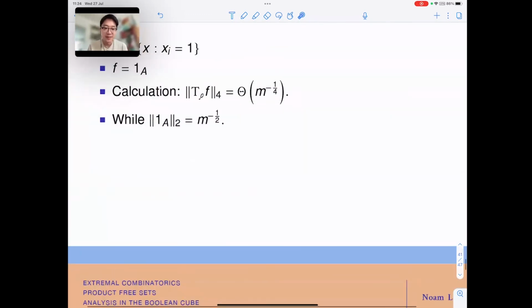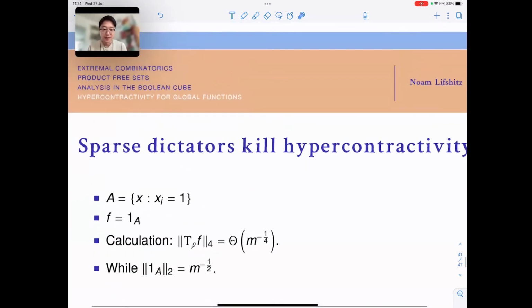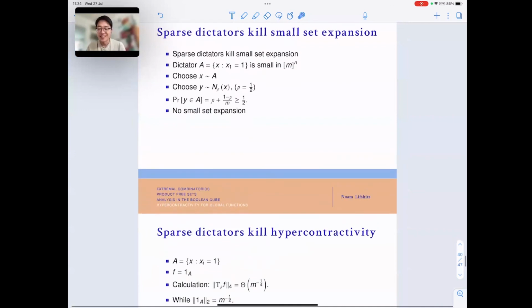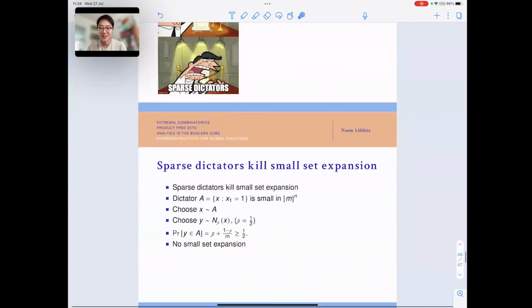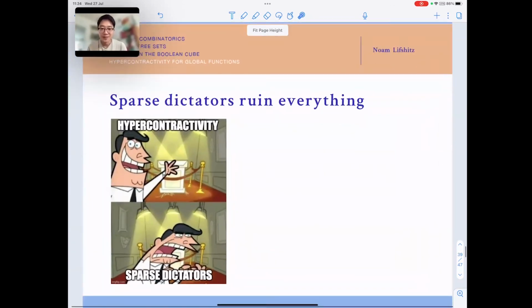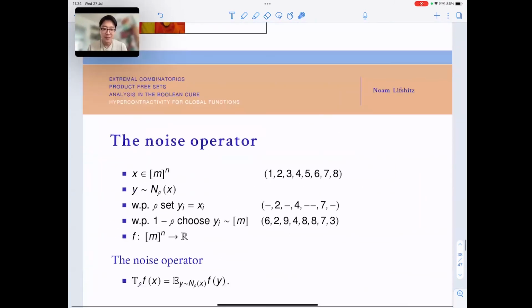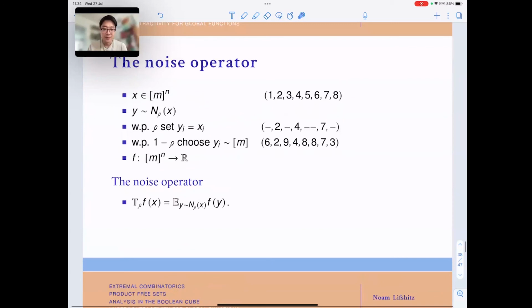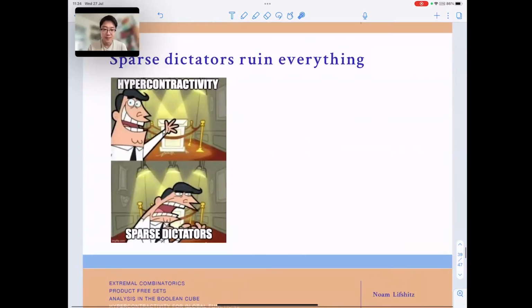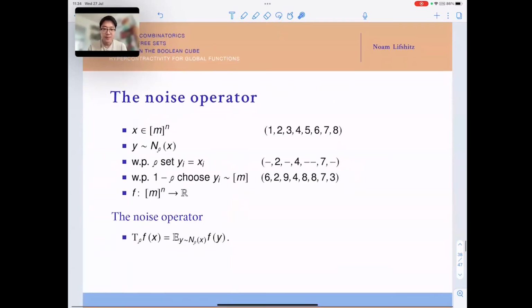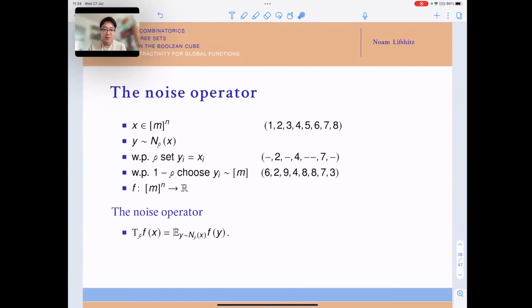Okay, but anyways, I just want to outline the thing. Dictators ruin everything. So we can define the noise operator in an analogous way in the multicube.